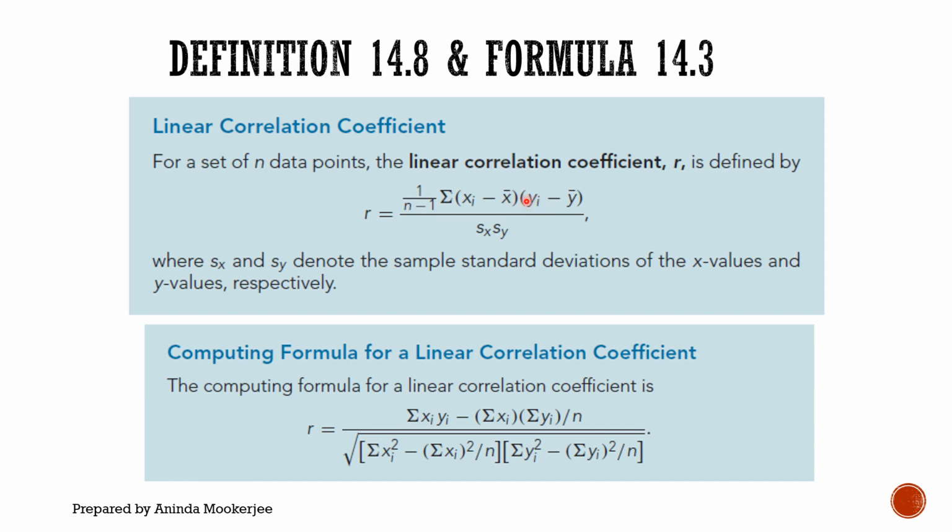When I worked out that example, by mistake I had put in a square. But that was wrong. Please make sure that you do not put a square in the defining formula if you're using that. Divided by s sub x and times s sub y, where s sub x and s sub y are the standard deviations of the x values and the y values respectively.